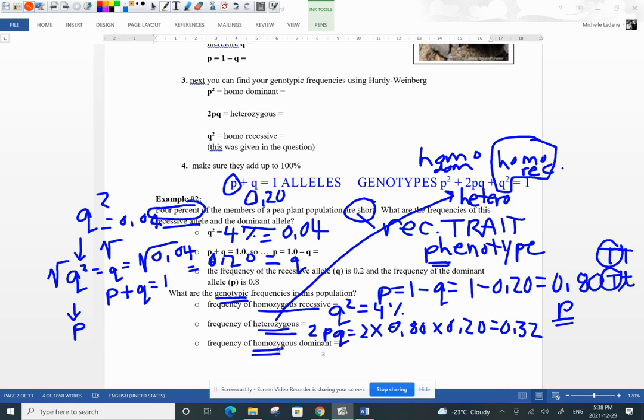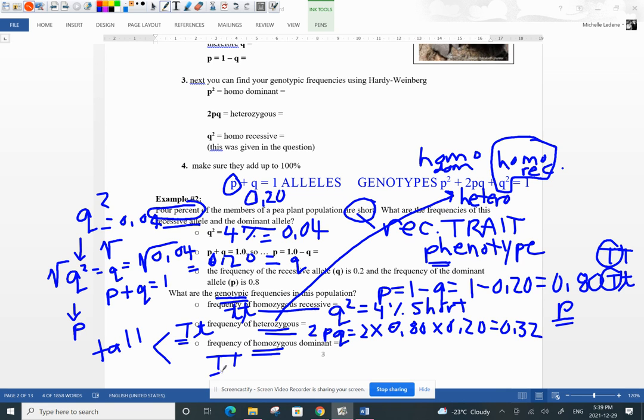And finally, all the homozygous dominants, that's big T individuals in this pea plant population. Okay, so my homozygous recessive, those are little t, those are the short pea plants. Those are the only ones who had a different genotype. Big T, little t, heterozygous, and big T, these guys both are going to be tall.